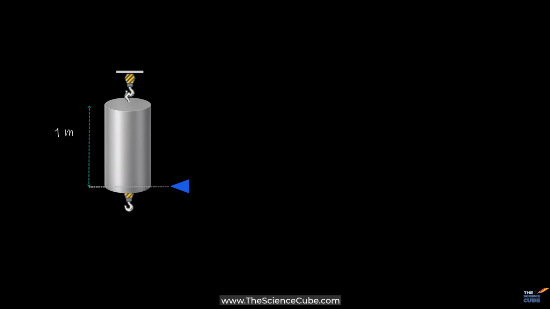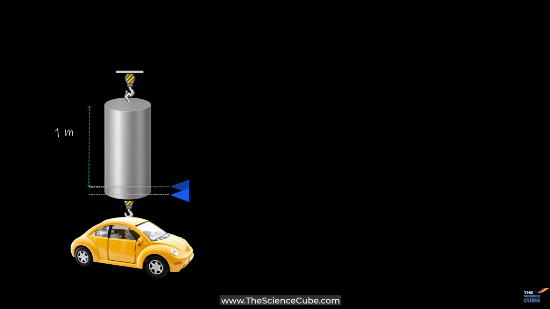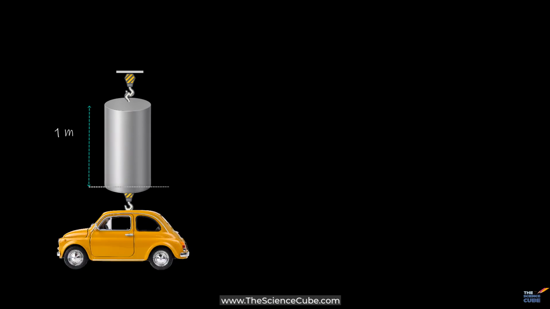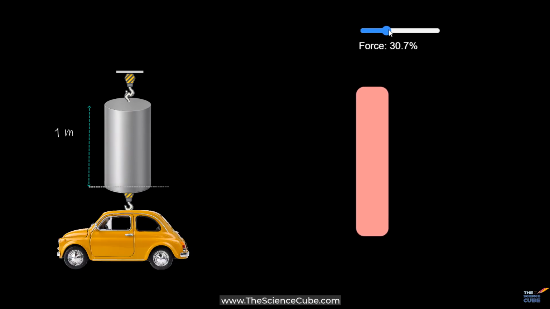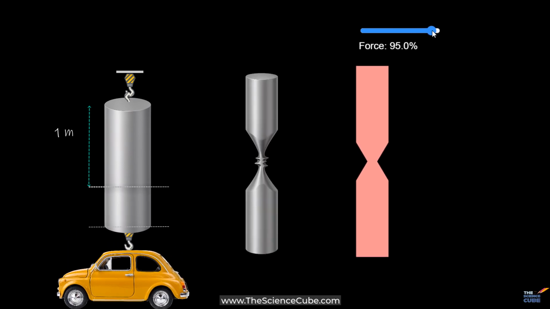However, if you hang a larger car like this, the rod is very likely to be permanently stretched and would definitely not recover its original length if this car were to be removed. And if you hang a still larger car, the rod would first elongate and then rupture somewhere in the middle.